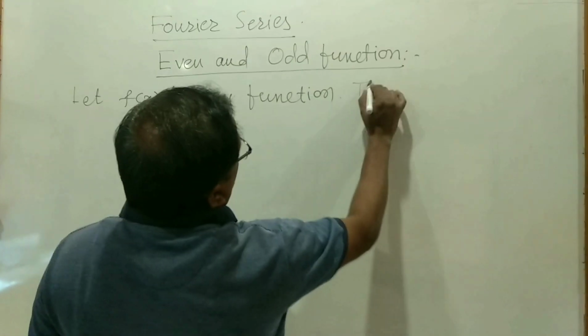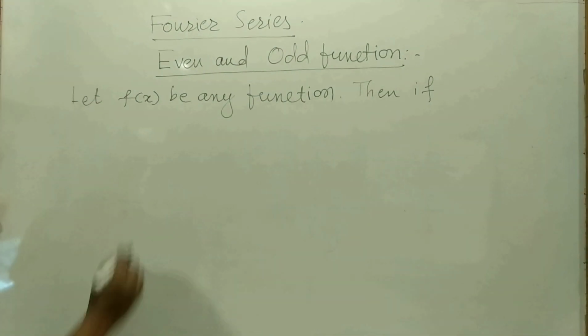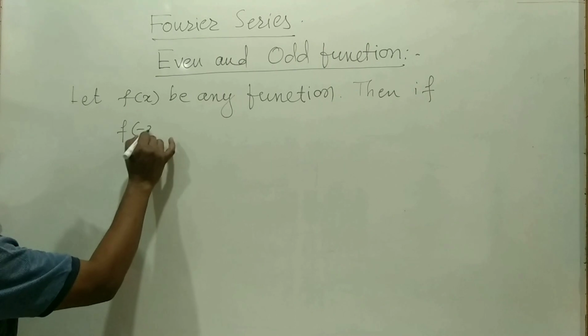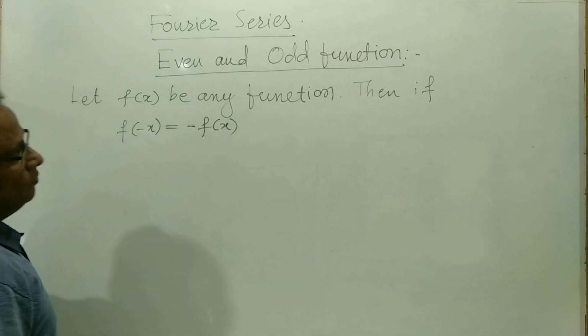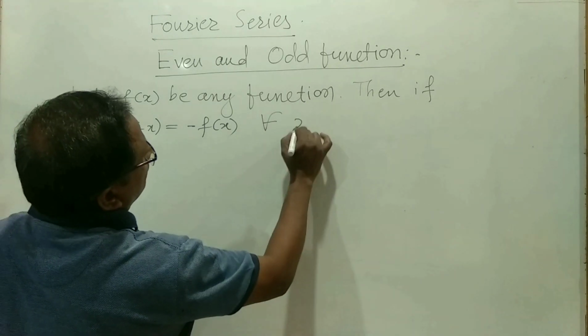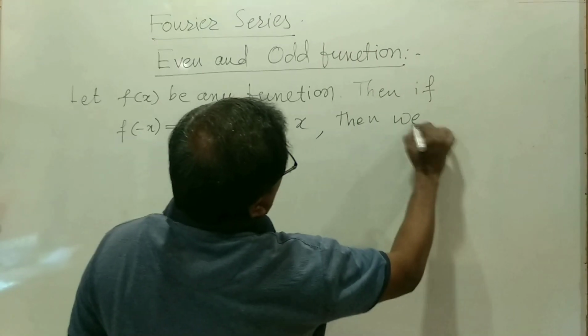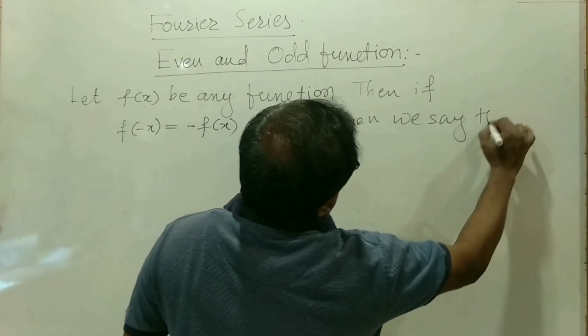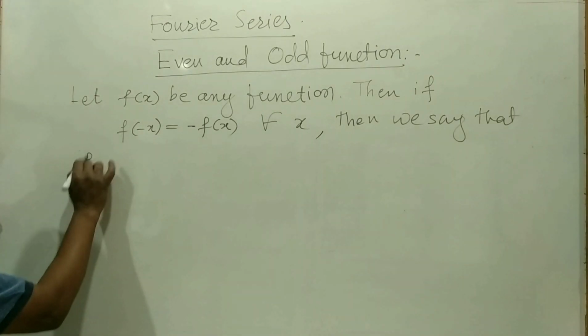Then if f of minus x equals minus of f of x for all x, then we say that f of x is an odd function.